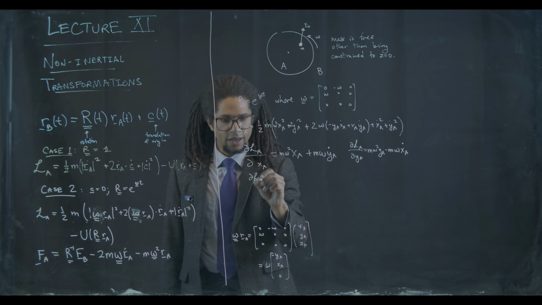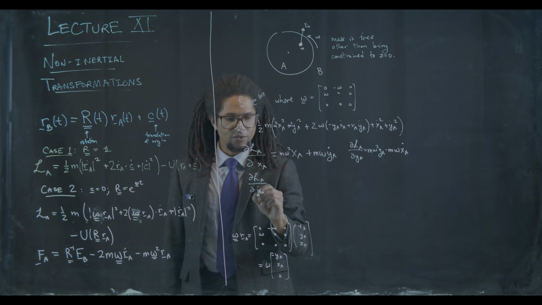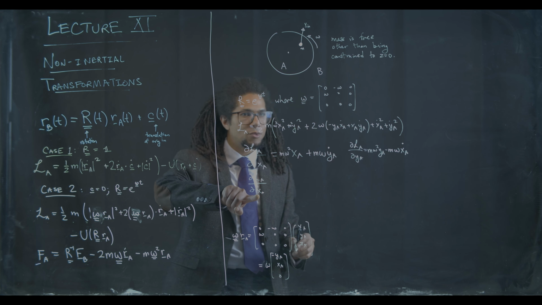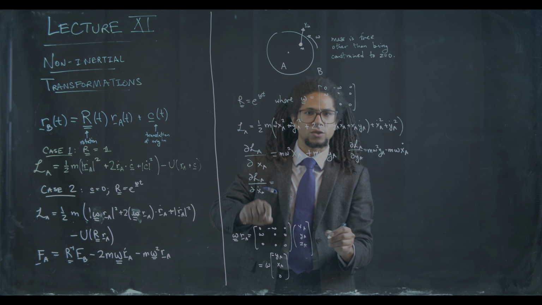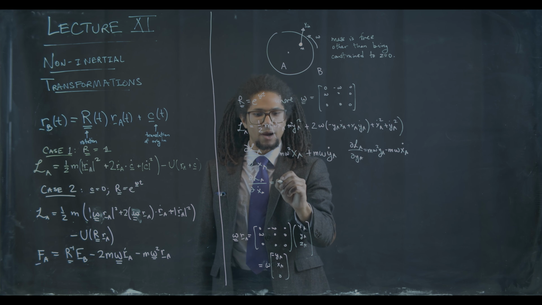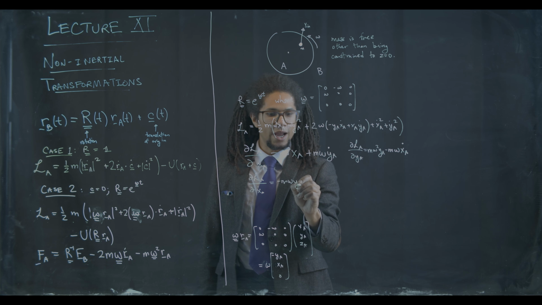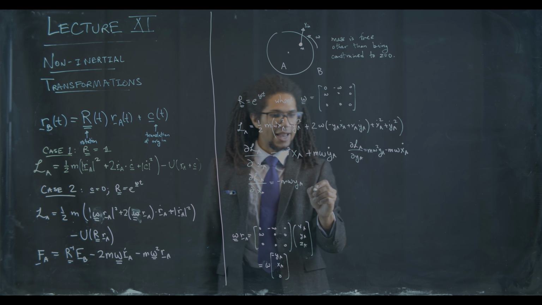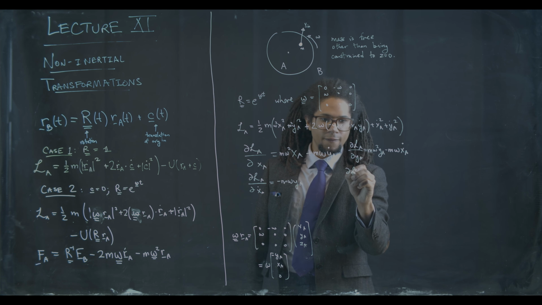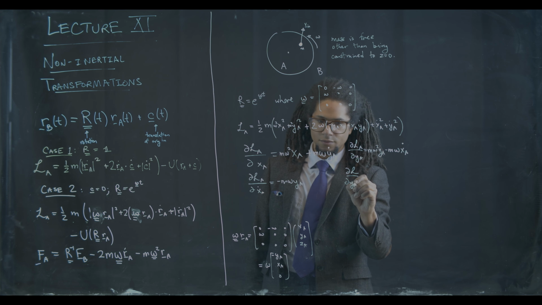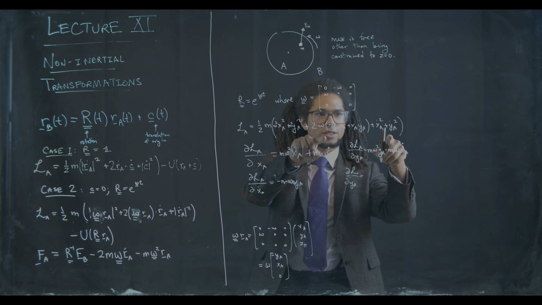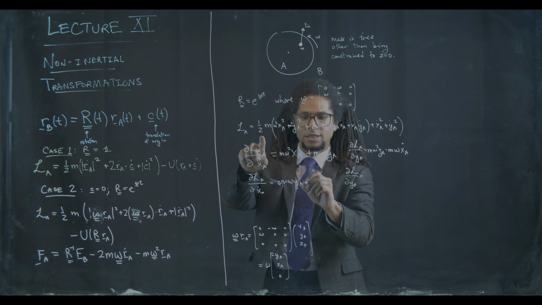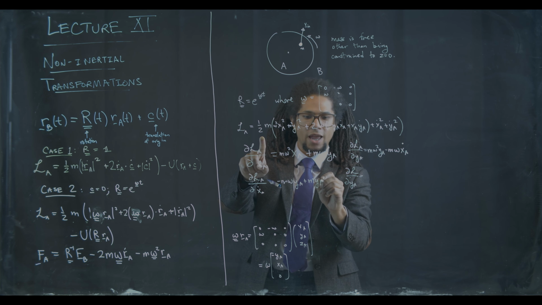Now for my derivatives of the Lagrangian with respect to the time derivatives. So I get 2 terms for each of these as well. The first one is going to be minus m omega ya. And sorry, the second one in this term is going to be plus m ya dot.